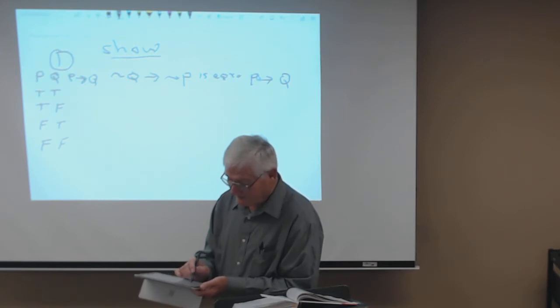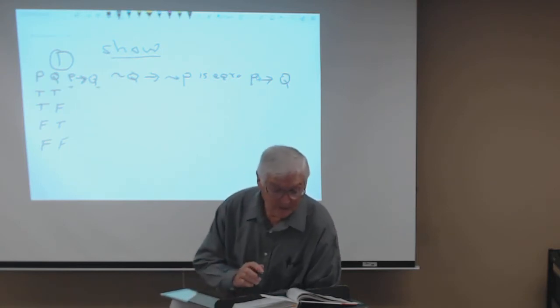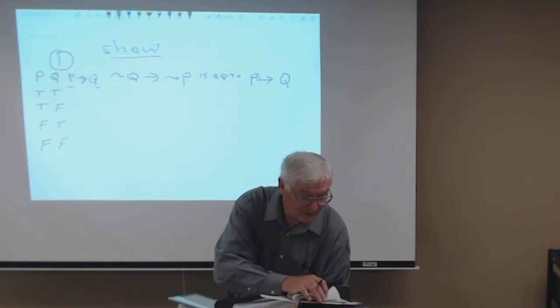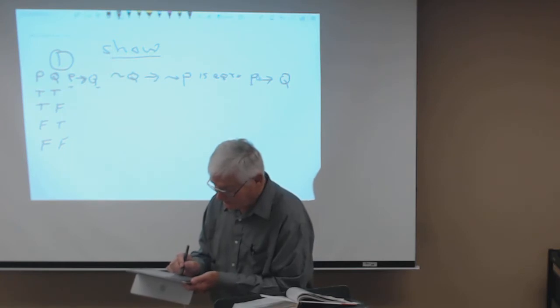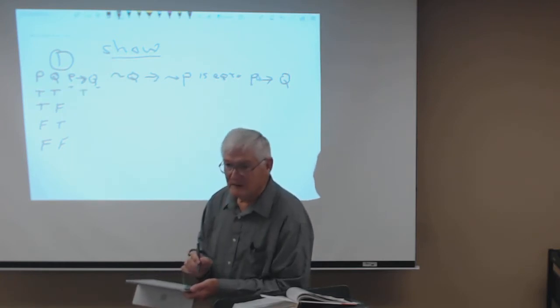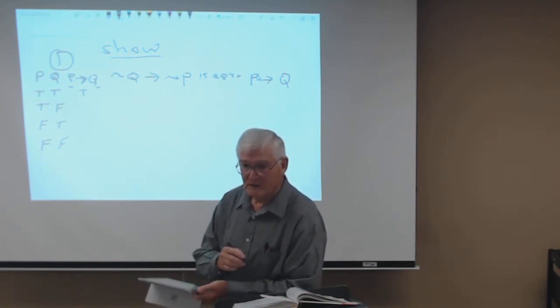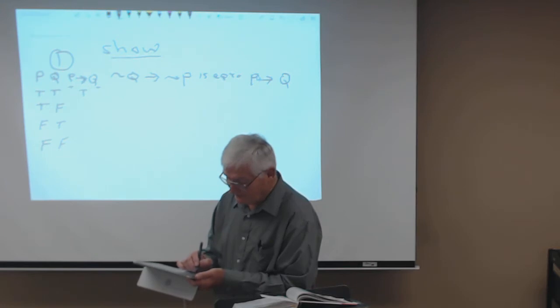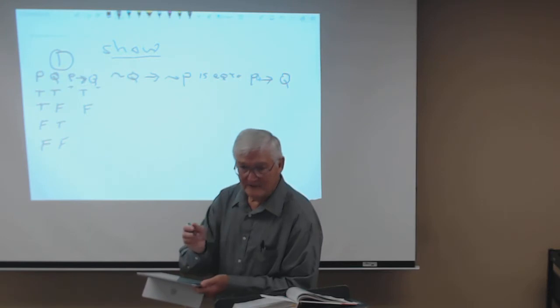So now, if P, then Q. If P is true and Q is true, what's if P, then Q? Based on page 129, looking at the picture, if P, then Q is true. Everybody see that? Then if P is true and Q is false, if P then Q is false. Did everybody see that from page 129?